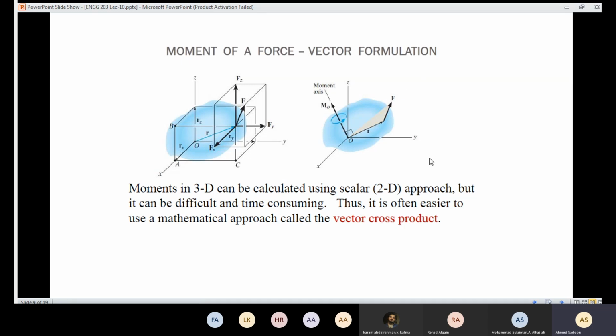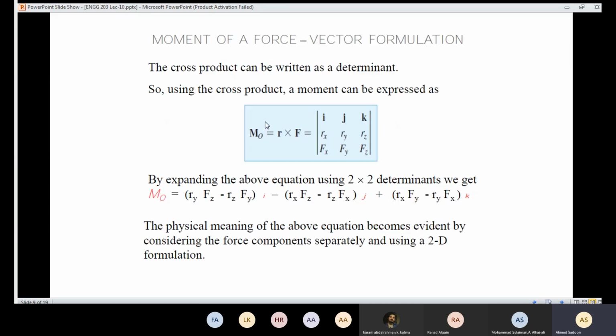And it's very easy to use the vector cross product compared with the scalar notation, especially in 3 dimensions. If you remember, we said that the cross product can be written as a determinant.